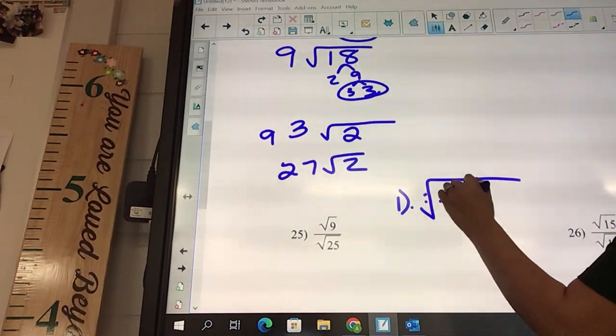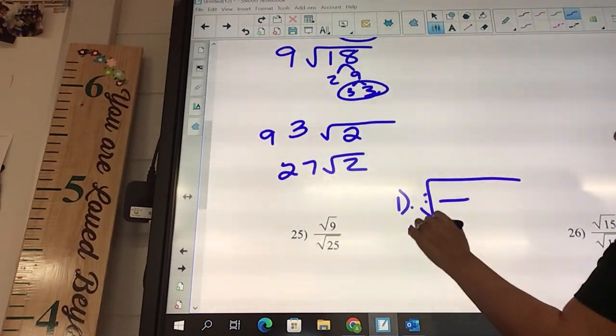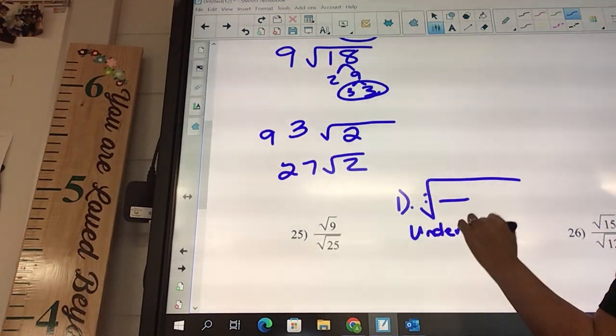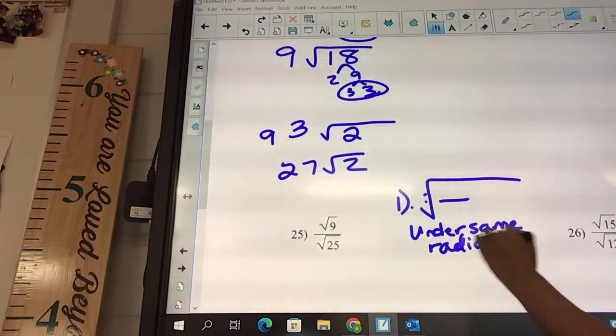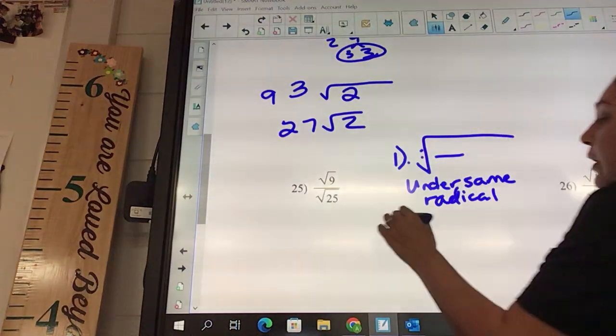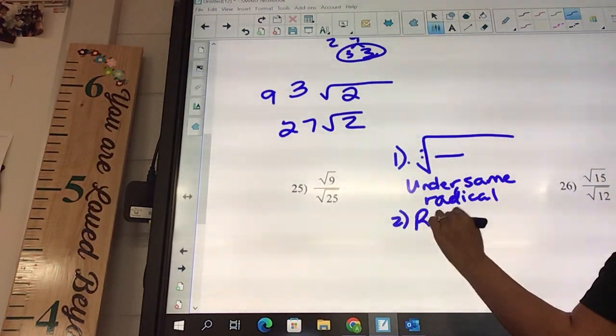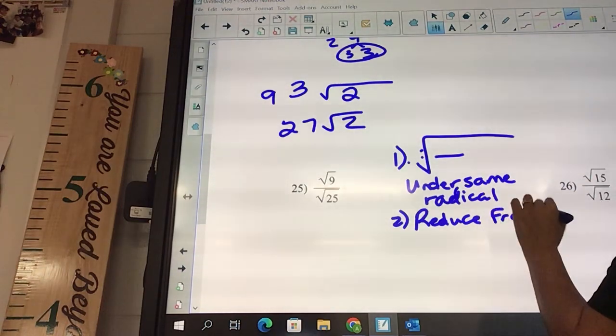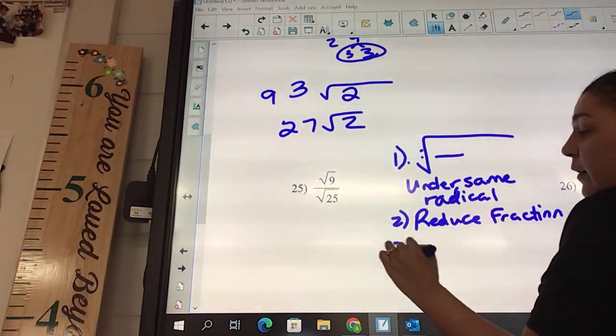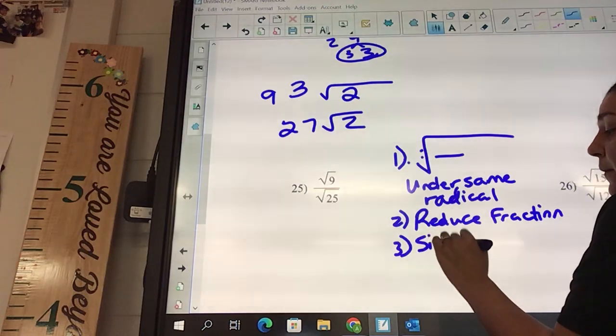You're putting them both under the same radical, okay? Then you're going to reduce the fraction, and then simplify.